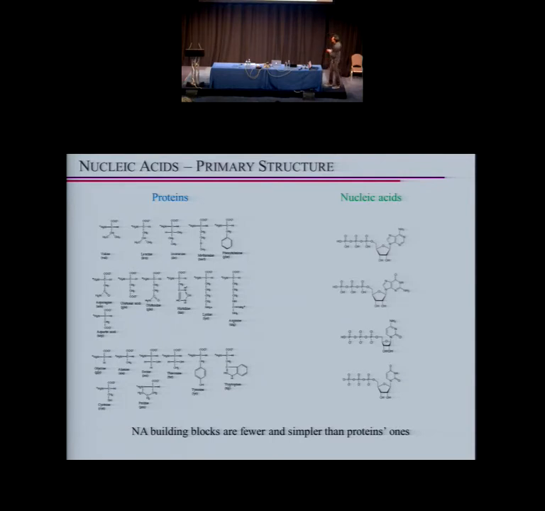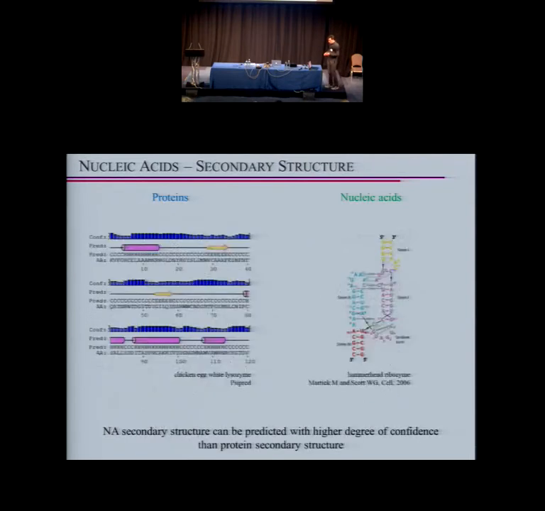You can see that from the primary structure point of view, for sure, nucleic acids are much simpler than proteins and are composed of fewer building blocks. Also, from the secondary structure point of view, nucleic acids are peculiar because, on one hand, their secondary structure is, again, generally simpler than protein structure is.